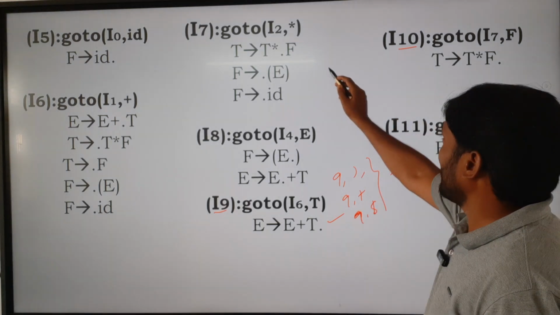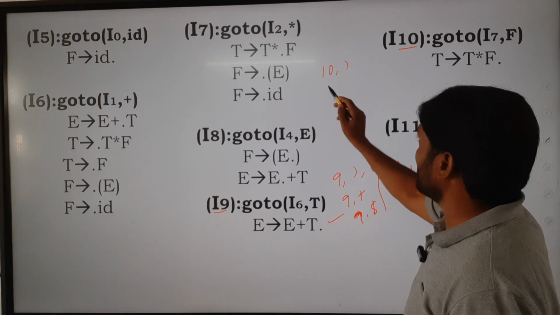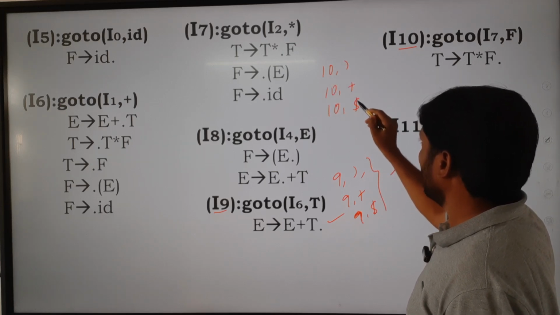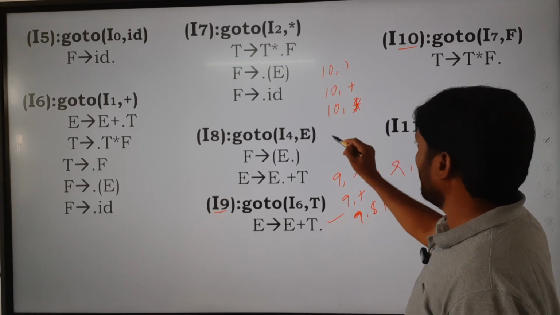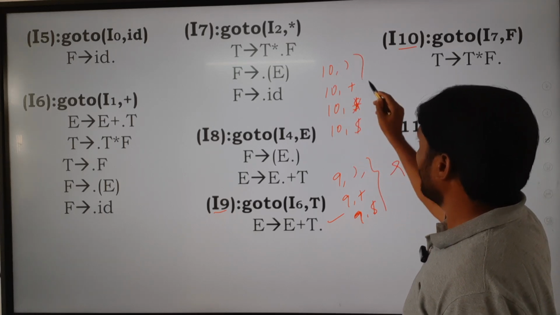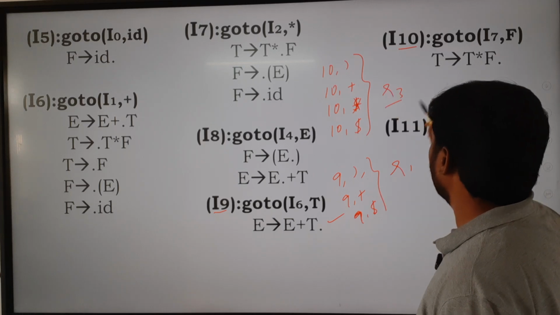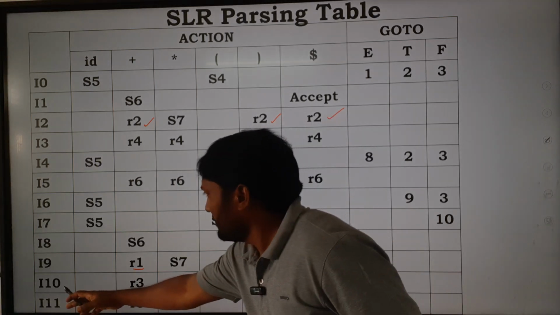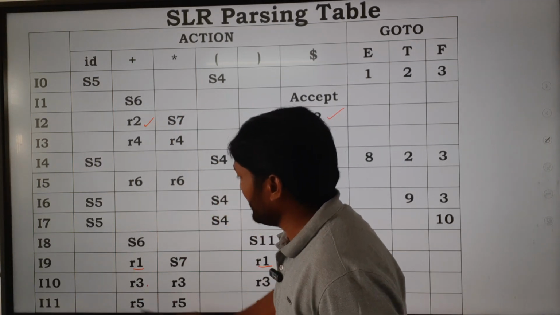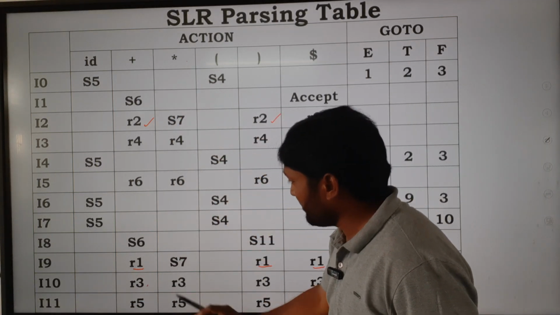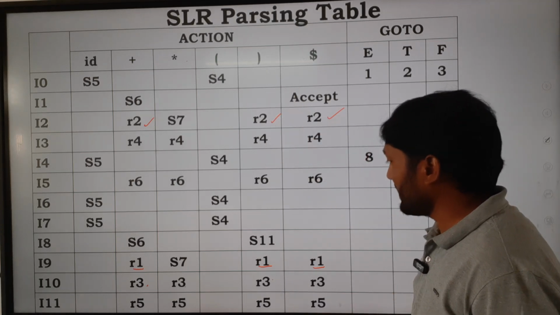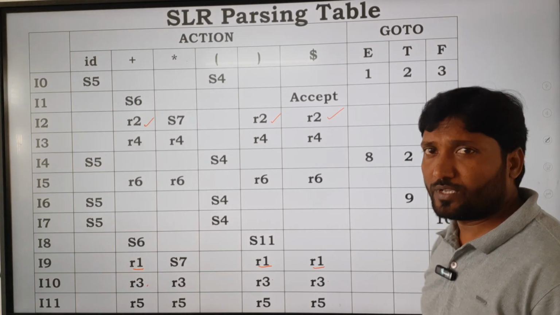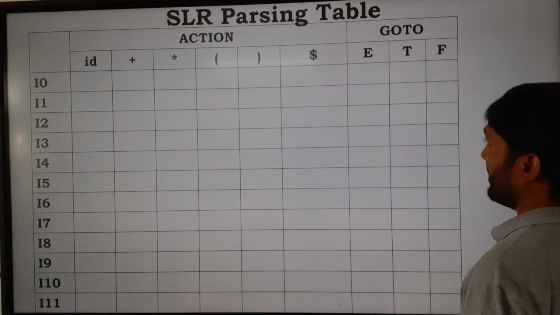So 10 comma close bracket, 10 comma plus, 10 comma star, and 10 comma dollar can be filled with R3, because this is the R3 production. This is how we fill the R3 production.